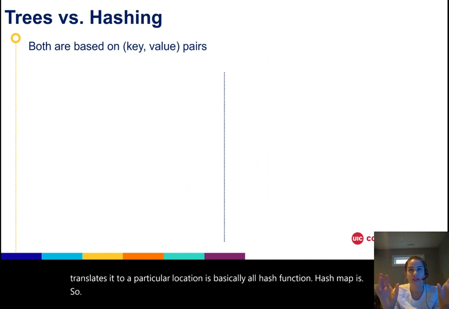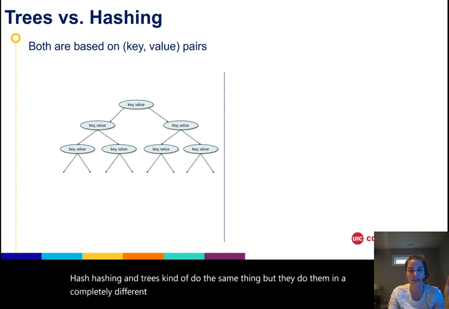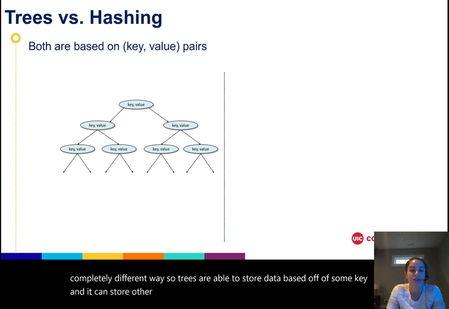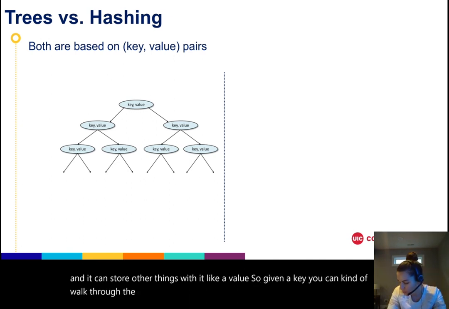Hashing and trees kind of do the same thing, but they do them in completely different ways. Trees are able to store data based off of some key, and can store other things with it, like a value. Given a key, you can walk through the tree and find where that key is stored in a more efficient way.